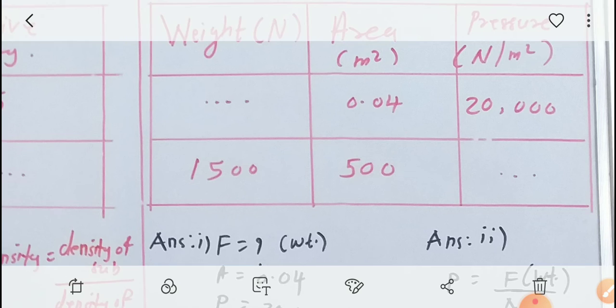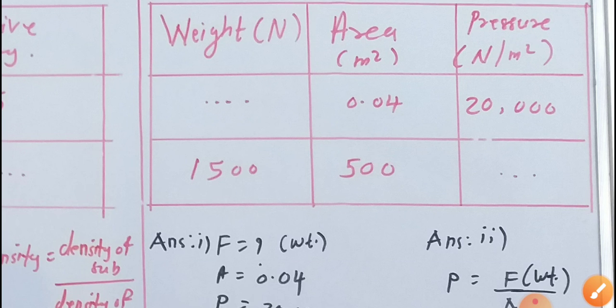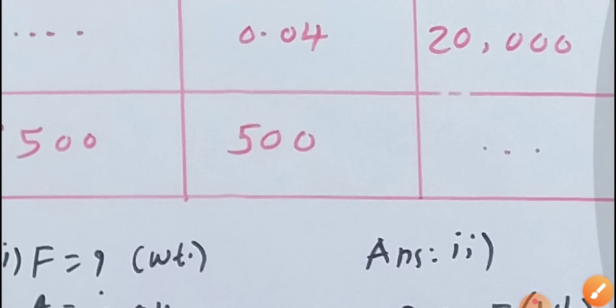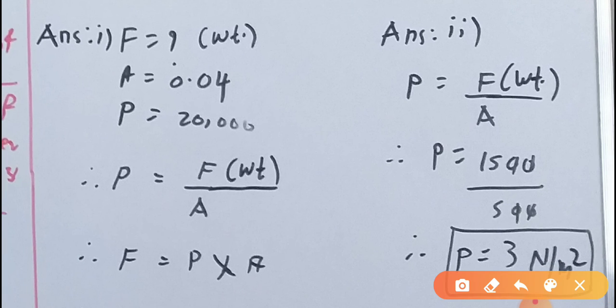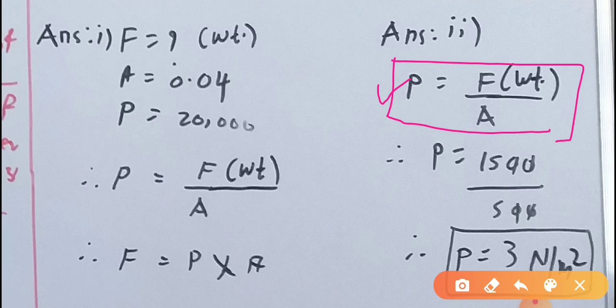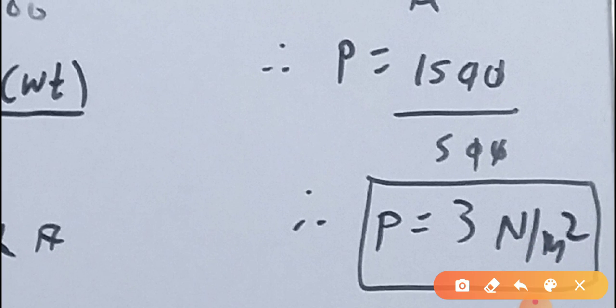Second, in the second case, what is given? Here weight is given, area is given, we have to find the pressure. So how to find the pressure? In the second case, pressure is equal to force upon area. First write down the formula. Force is given, 1500. Area is 500. So 1500 upon 500.